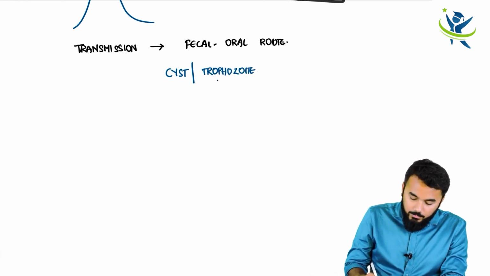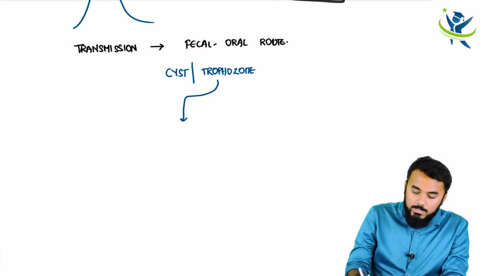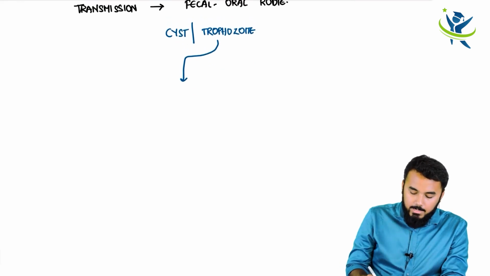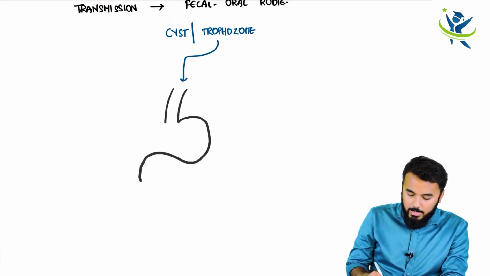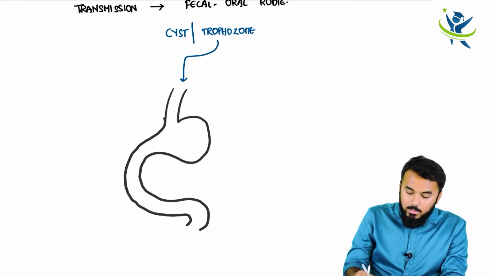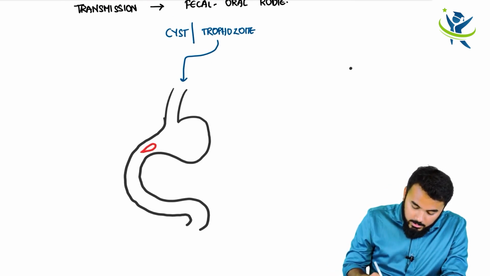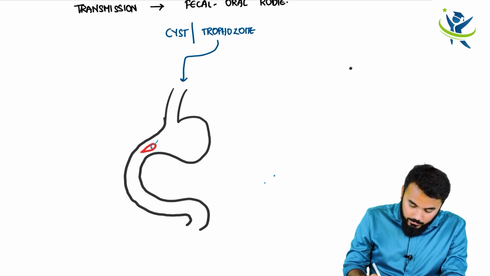When the trophozoite enters your body, it goes all the way down. Let us say this is the esophagus, this is the stomach, and next we have the duodenum. Let us say this is the trophozoite, with some flagella all the way down like this.